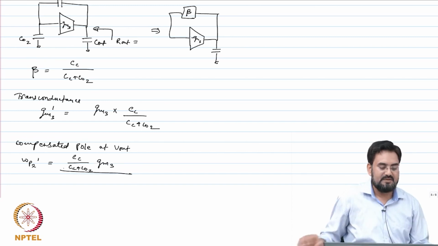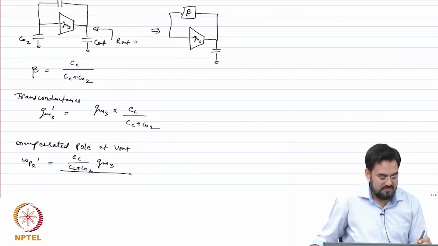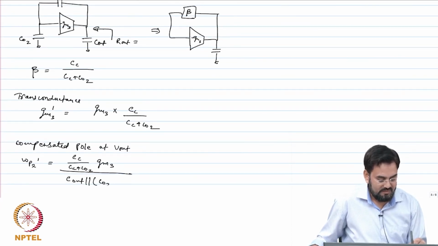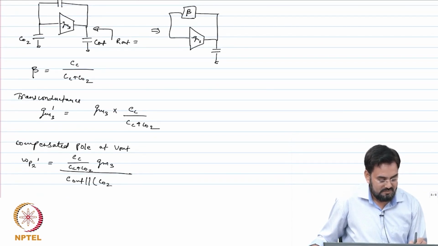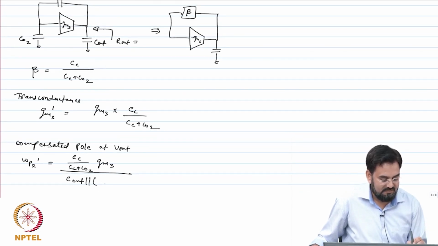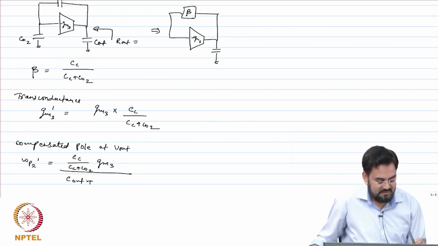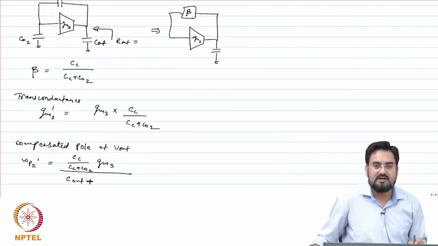What is the effective cap? So, you have one cap and two caps in the series. So, C out parallel with CO2, and that is coming in series. How will you write this? So, in the series how do you write the cap?